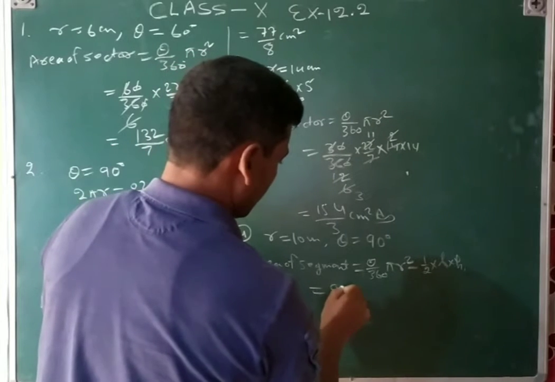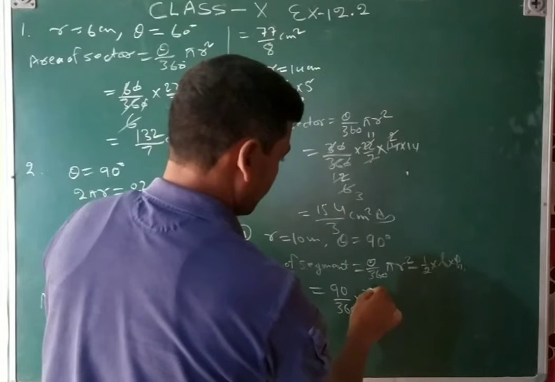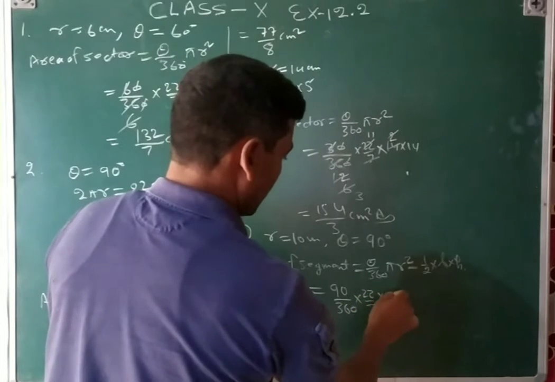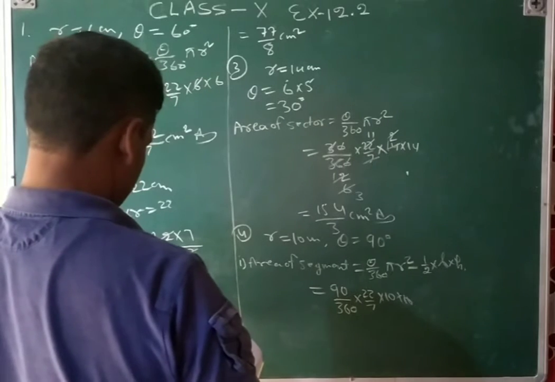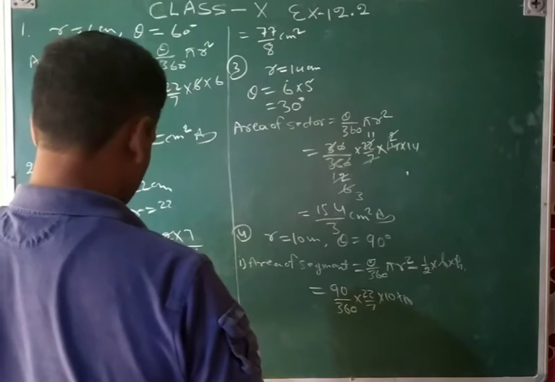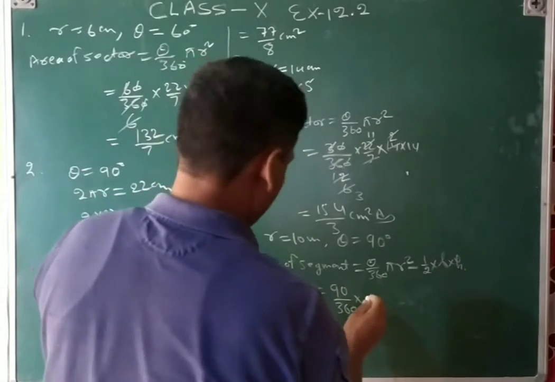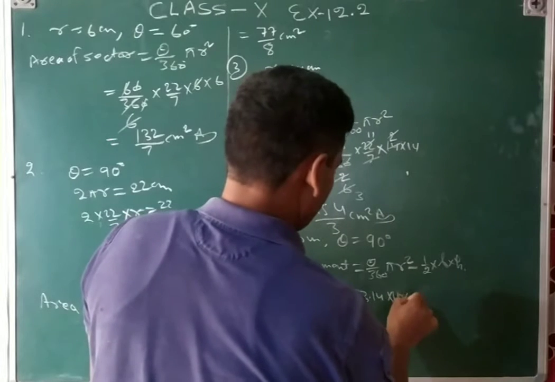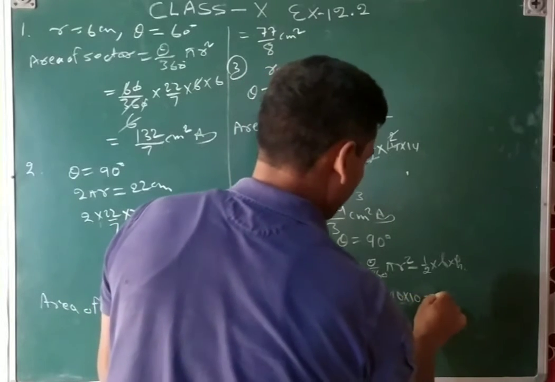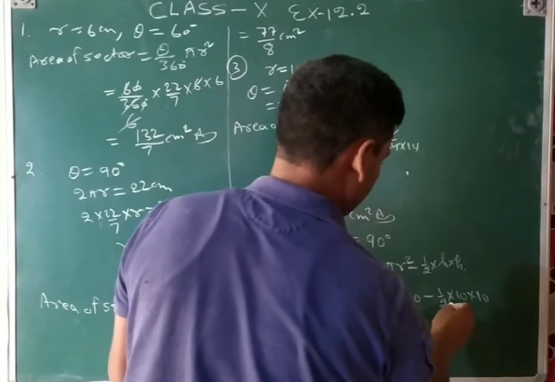So theta is 90 upon 360 and then 22 upon 7 into 10 into 10. Is the pi value given there? Pi value is given there, so we will not apply that one. We will apply 3.14 into 10 into 10 minus 1 upon 2 into 10 into 10.